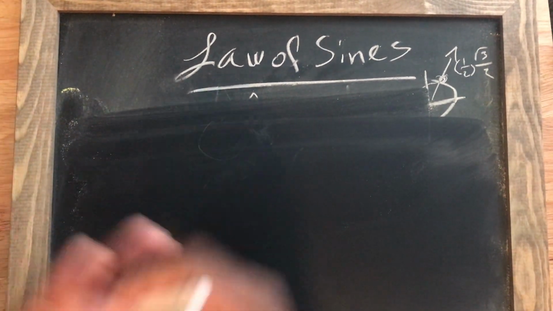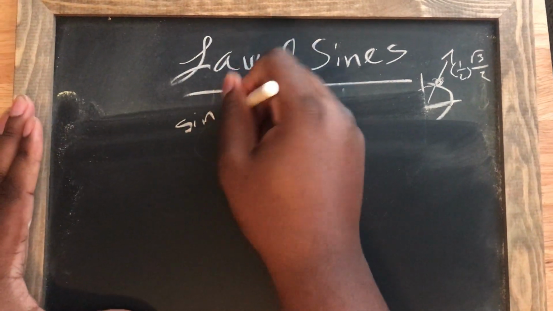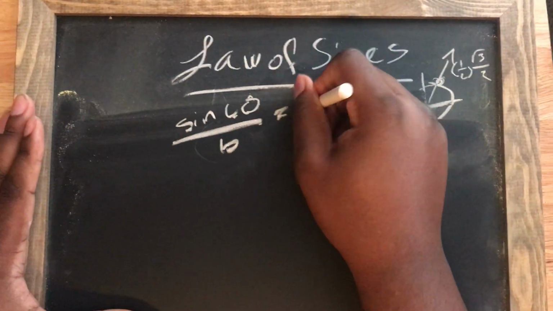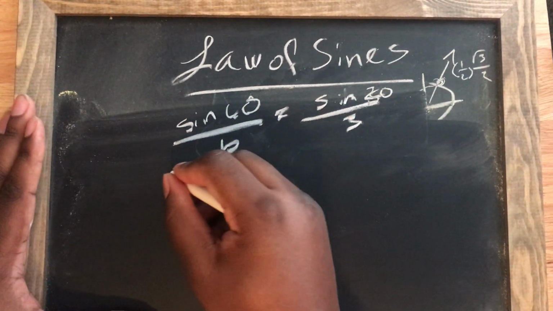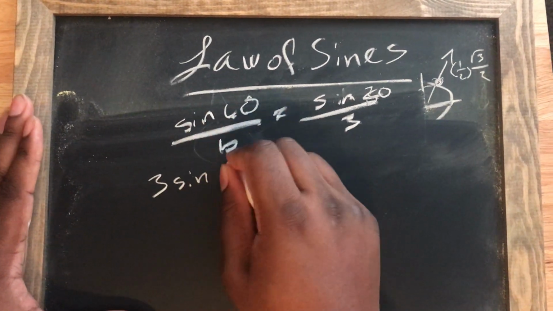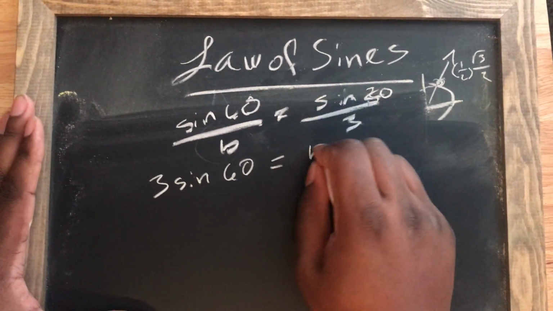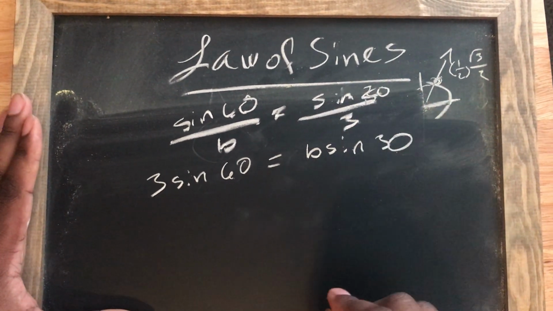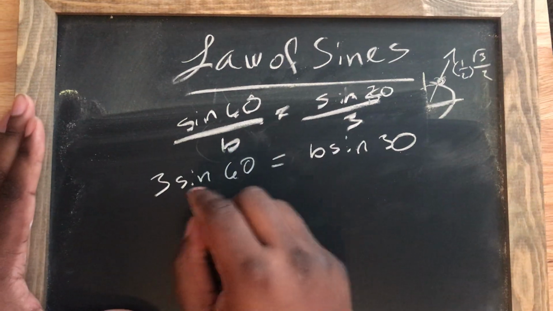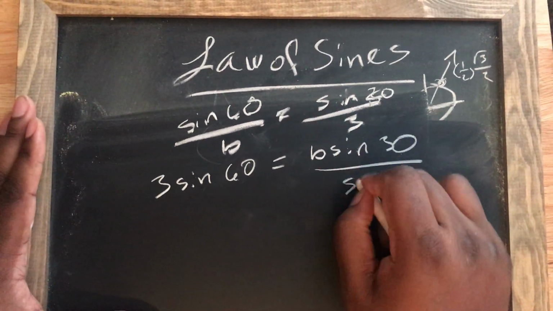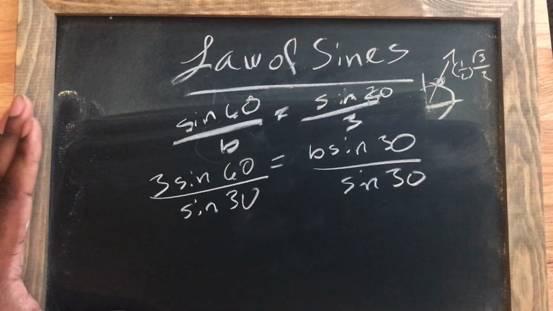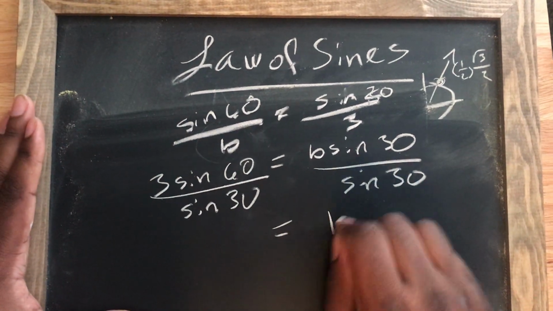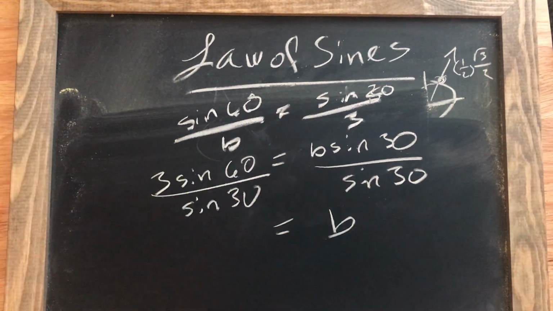Now that you all know how to set it up, we've got sine 60 over b equals sine 30 over 3, which if you cross multiply gives you 3 sine 60 equals b sine 30. You keep going, you get b by itself by dividing sine 30 on both sides. And then from that, we get b equals 3 sine of 60 over sine of 30.